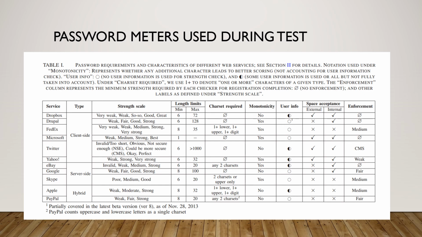I think this slide shows the different services that the authors used. You can see here that a lot of the services like Dropbox, Yahoo, Twitter, Microsoft use client-side verification, and they go from scale, and they have various limits ranging from 6 to a few thousand characters.